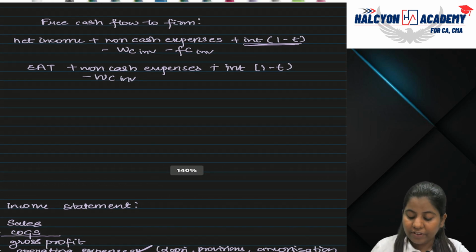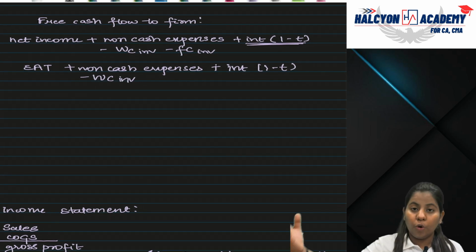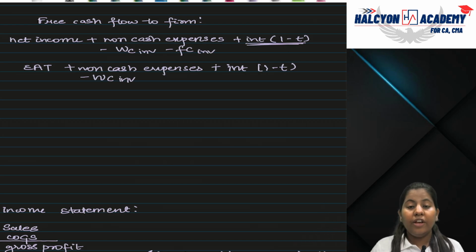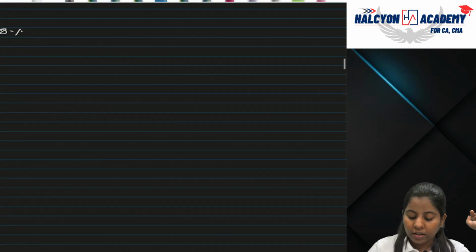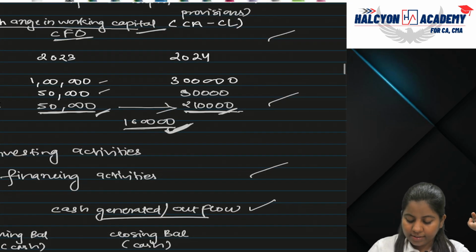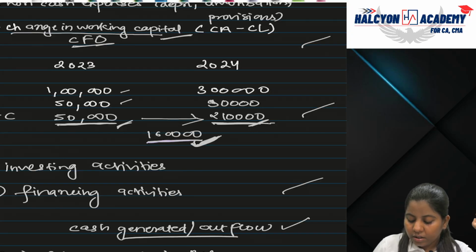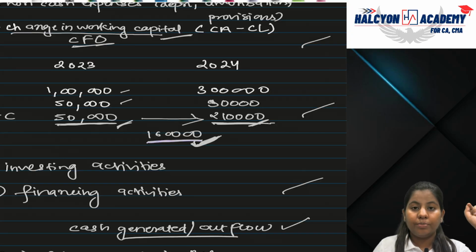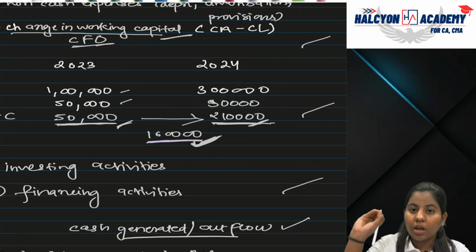Working capital investment. If there is any outflow due to working capital, if the balance of working capital was 50,000 in the previous year, in the last class I gave you the example, and now it was 2,10,000. You can see this. So there is an increase in working capital by how much? By 1,60,000.